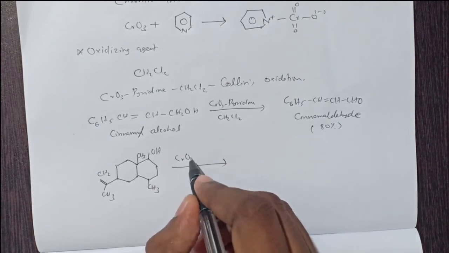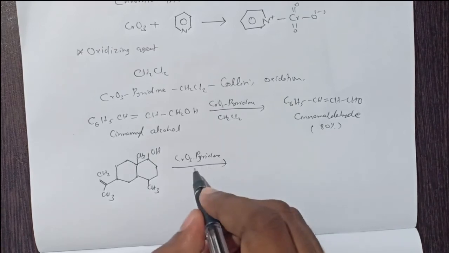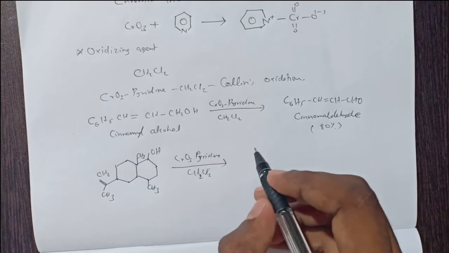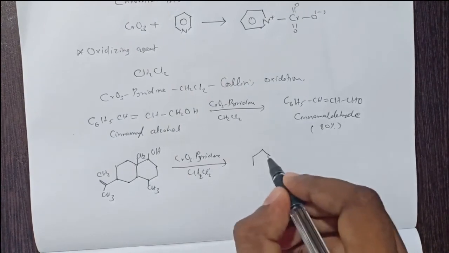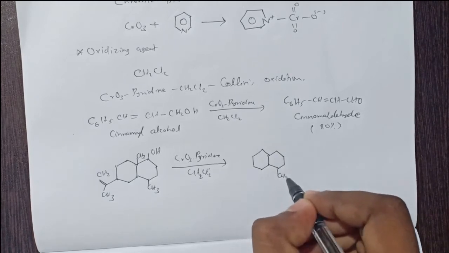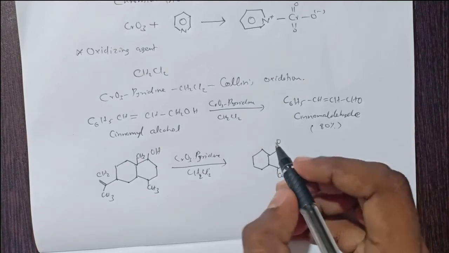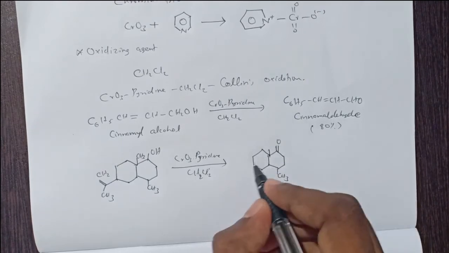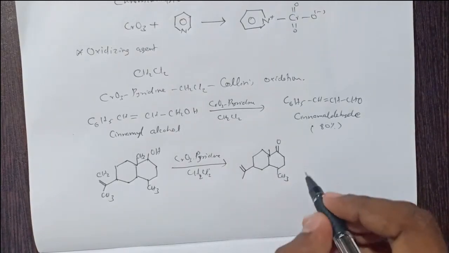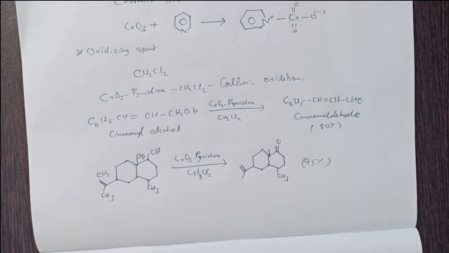With CrO3 pyridine in presence of CH2Cl2, the solvent, the product formed will be like this. Here this secondary alcoholic group is converted into the ketonic group. Almost 95% of this product is formed in this reaction.